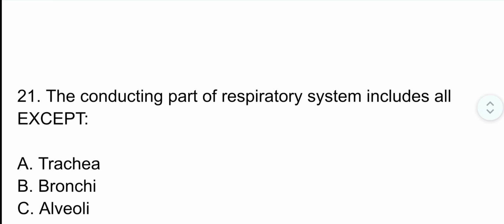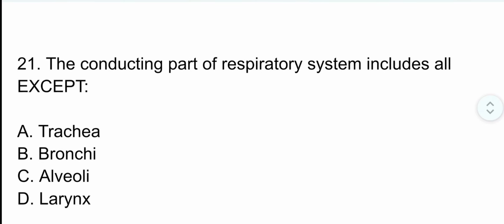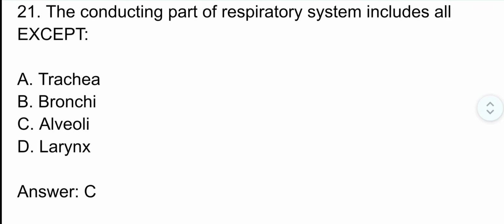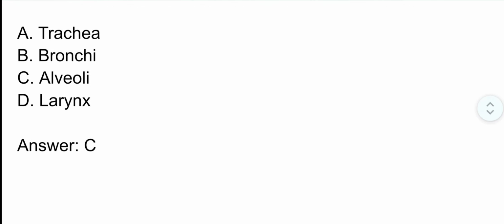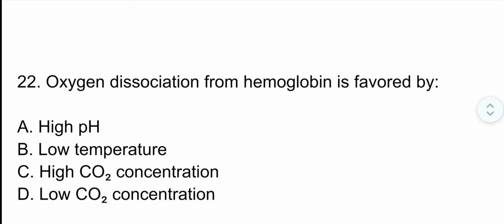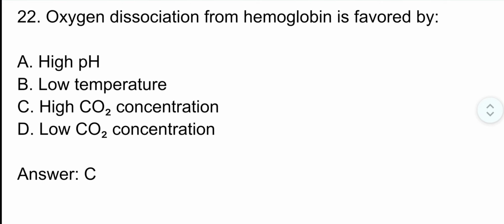Question number 21. The conducting part of the respiratory system includes all except. The correct option is option C, alveoli. It is not a conducting part, it is a respiratory part which helps in respiration. Question number 22. Oxygen release from hemoglobin is favored by. The correct option is option C, high CO2 concentration.